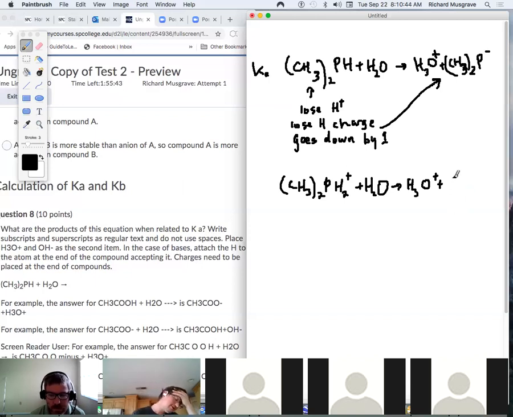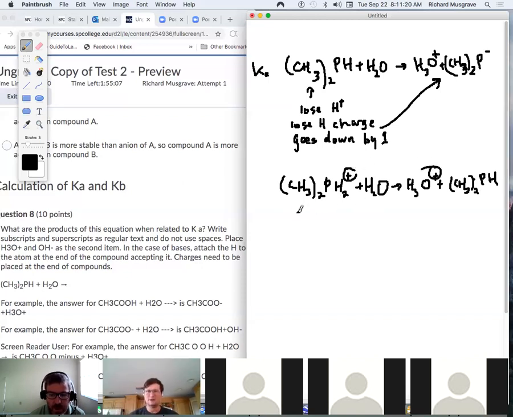Is it CH3 2PH3 with a neutral charge? No. Oh no, I lost the H. It's just PH, right? PH. There we go. That's right. You see, what's happened here is that we're losing the H plus from here, which means that we're losing an H and a positive charge. You'll also notice that the charges match here.